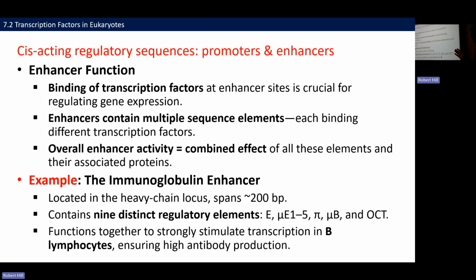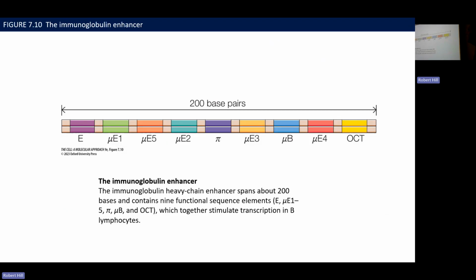So the Ig enhancer is a very effective enhancer at driving up transcription of that particular antibody. Look at all of the different elements found within the Ig enhancer sequence. For each one of those, a different transcription factor binds to it, and collectively, all of those transcription factors produce a very heavy level of gene production.